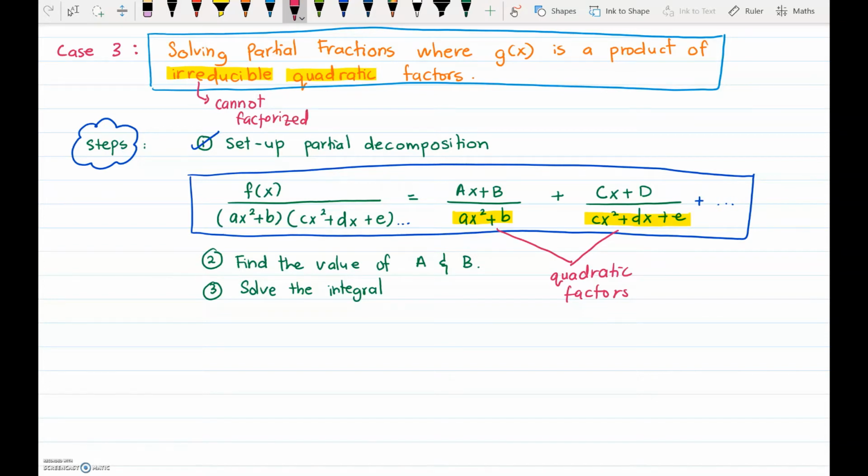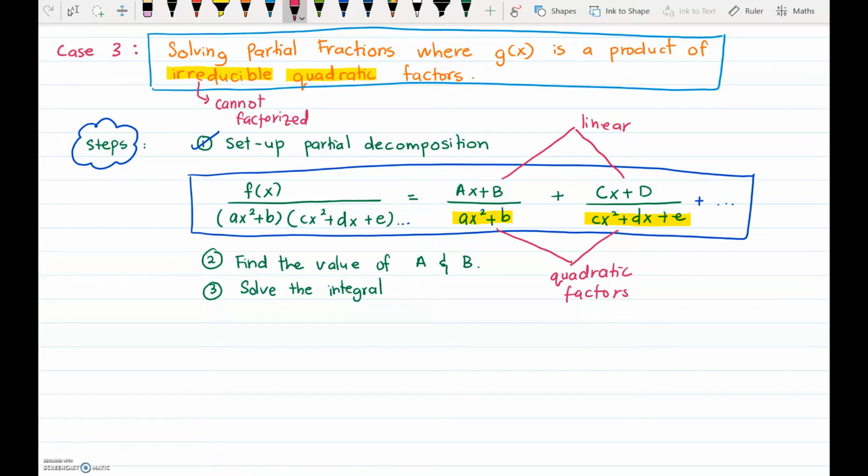Alright, and then as we can see here, both functions in your numerator are in the form of a linear function. We have ax + b and cx + d, both linear.